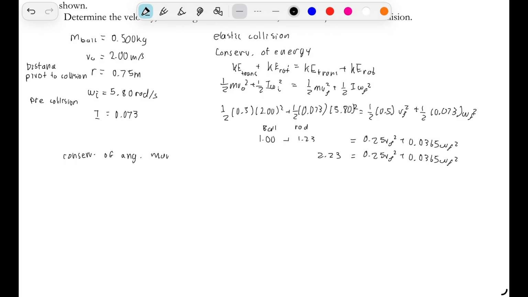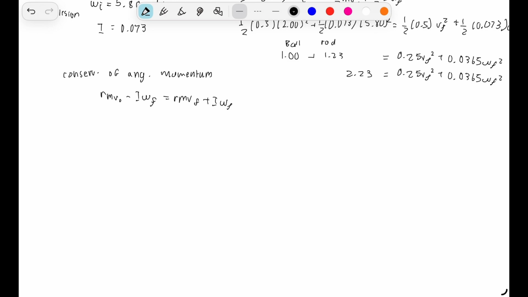Now, after this, we can use our conservation of angular momentum. R times mass times velocity initial minus I times omega initial is equal to R m vf plus I omega f.